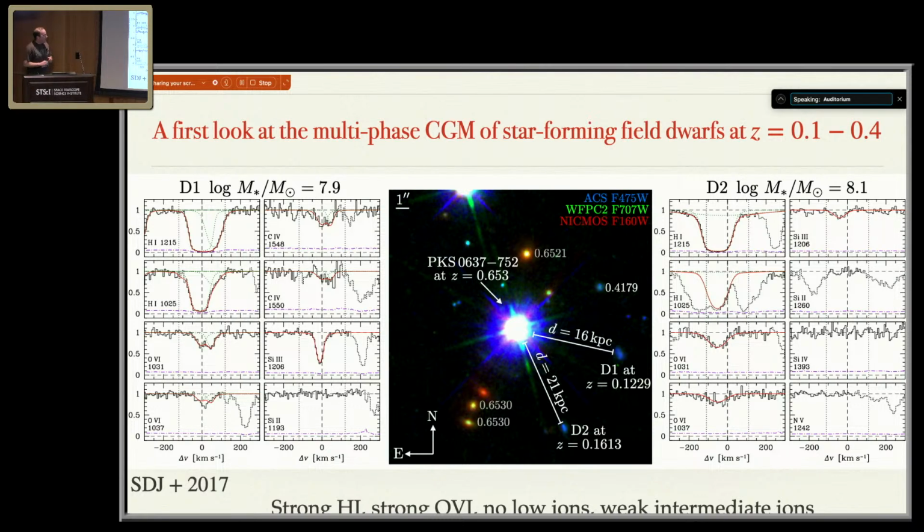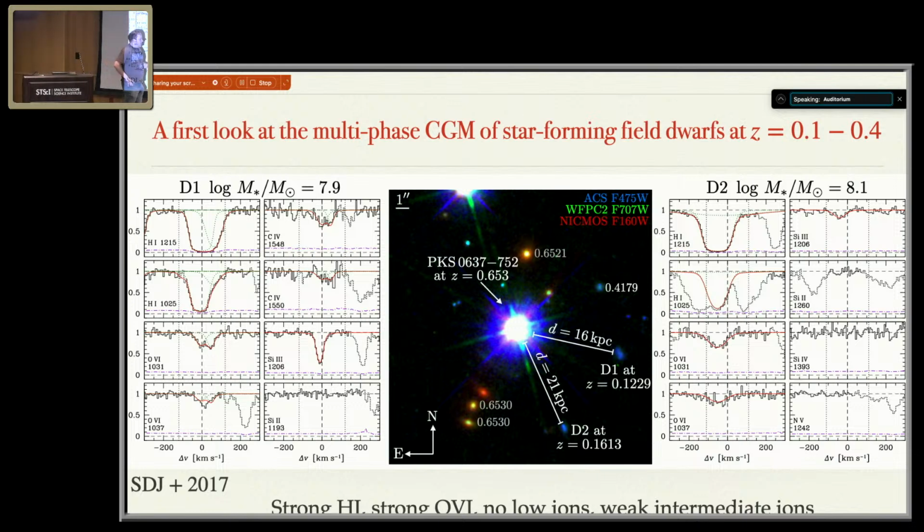We got very, very lucky in 2017, where one of our quasar sightlines that is in the archive at redshift 0.65, which is at the center of this image, just by happenstance, probes the CGM of 2 different dwarf galaxies at different redshifts. This one here at 16 kiloparsecs from the quasar sightline is a 10^7.9 stellar mass galaxy.